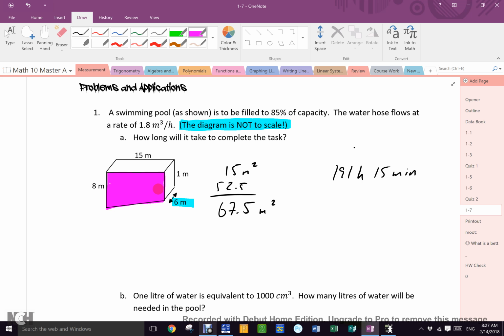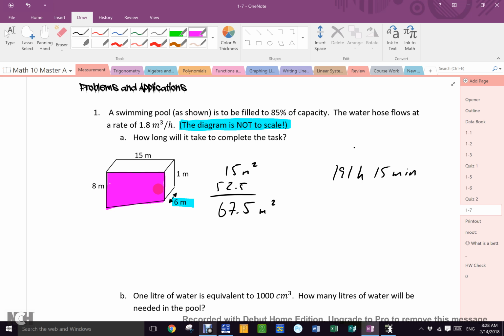Then I turned it sideways, and the base is still what? The circle. This way, like the pool right there, what's the base? The circle. Everybody got it?